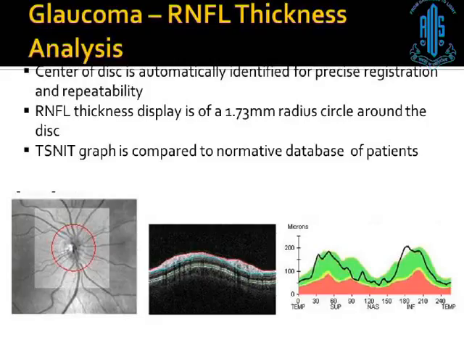What green you are seeing here is the normal, the 95 percentile of the normal. What yellow you are seeing here is the 5 percentile of the normal, and red is the 1 percentile of the normal. If anything falls in the red zone, obviously that is abnormal, and the black line represents the RNFL thickness of the patient.